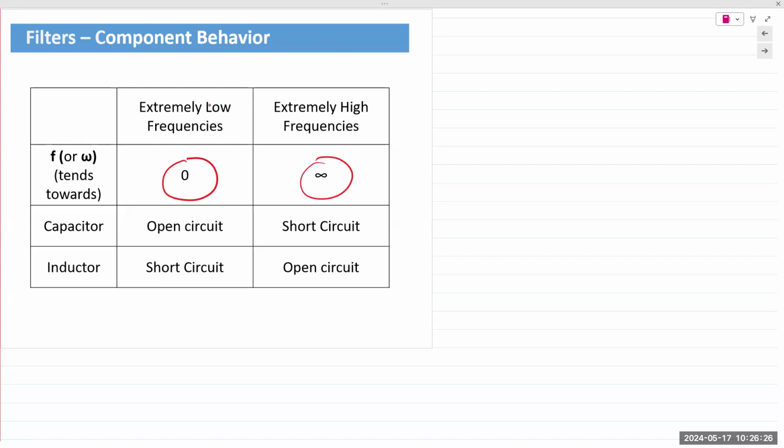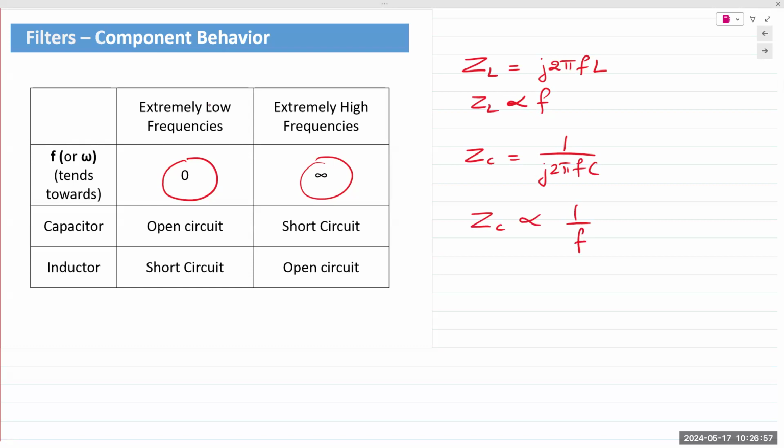We know capacitors and inductors behave differently at different frequencies. ZL is j omega L, or j 2 pi fL, for an inductor. Impedance is directly proportional to the frequency. For a capacitor, ZC is 1 over j 2 pi fC. ZC is inversely proportional to frequency.